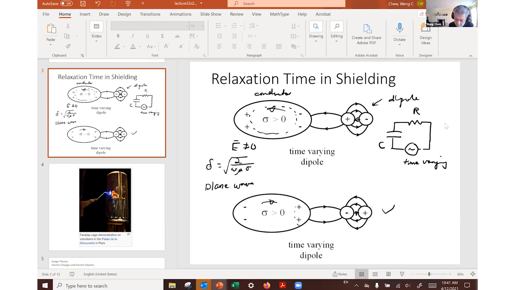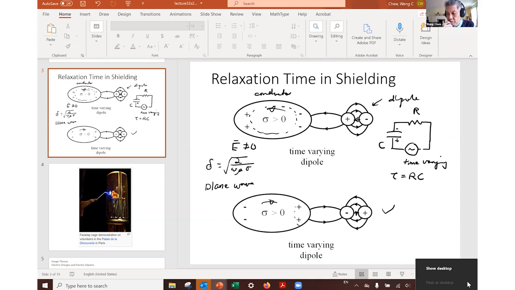Then the charges will go back and forth between the two sides of a parallel plate capacitor, and there will be a time involved called the relaxation time. The relaxation time is the RC time constant. It will take longer and longer for the charges to relax themselves if R is very large.